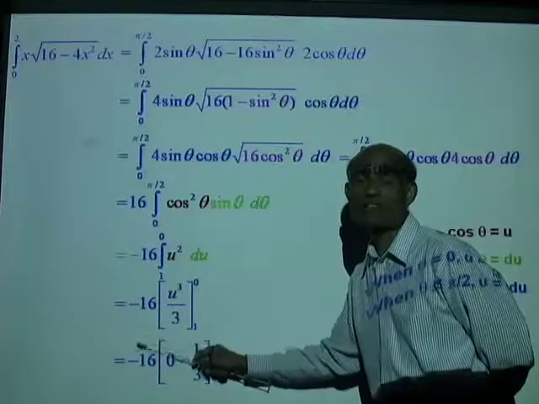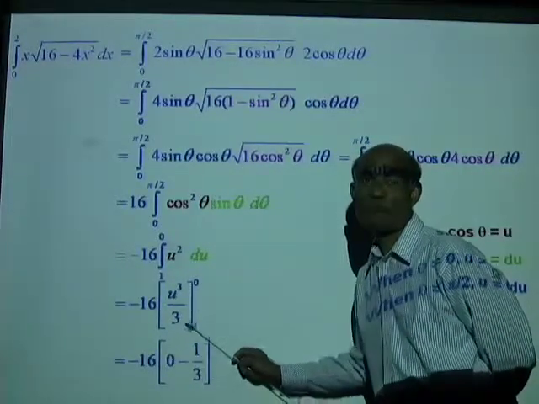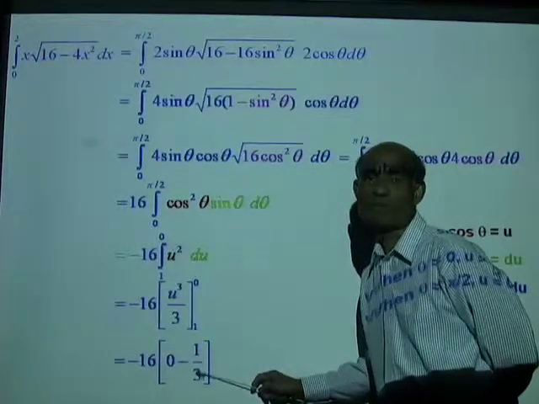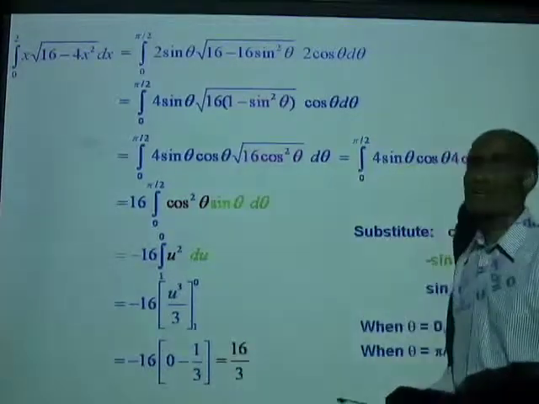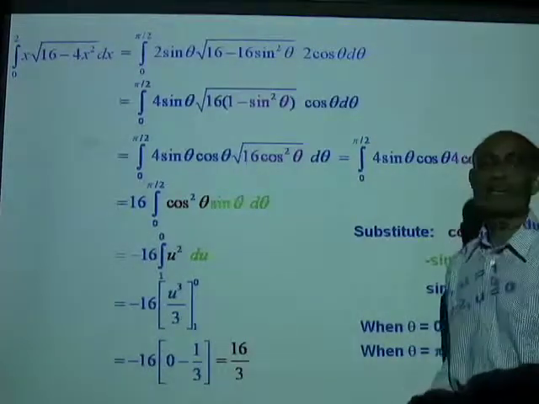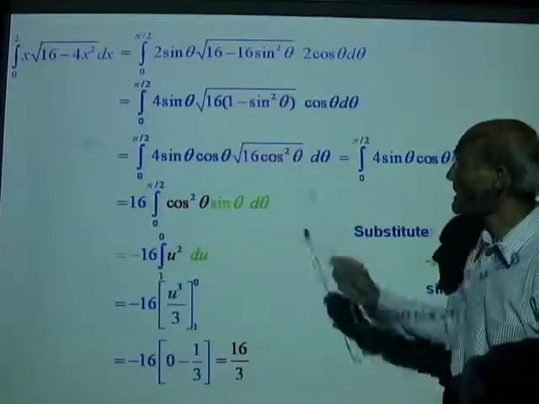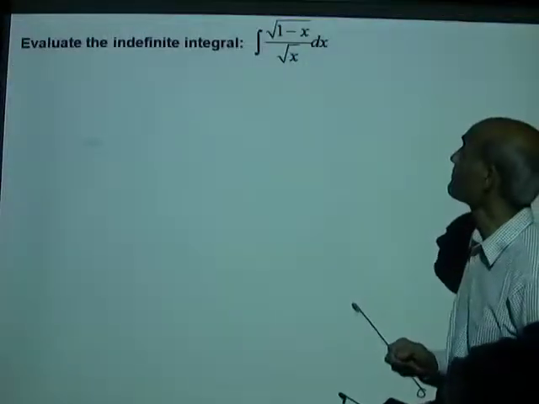So that will be negative 16 times the upper limit 0 minus the lower limit, replace u equal to 1, that will be 1/3. Negative 16 times negative 1/3 is 16 over 3, the value of that definite integral. A very, very interesting integration problem.